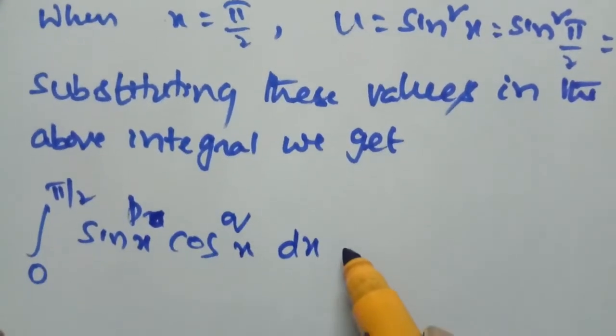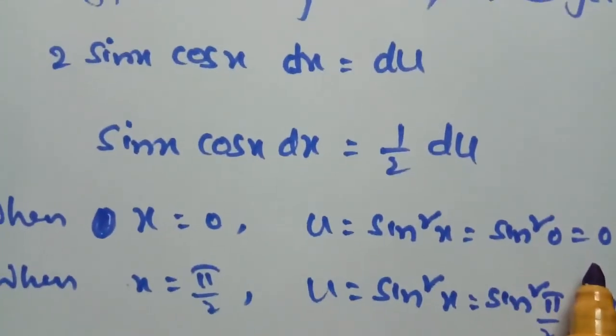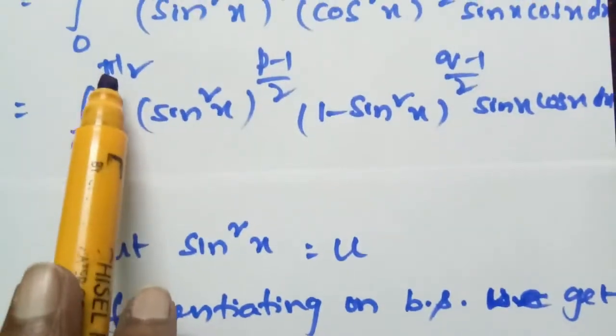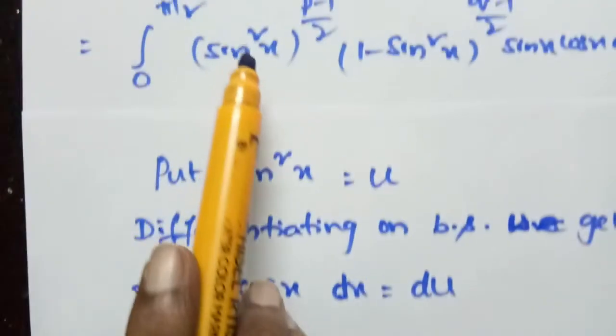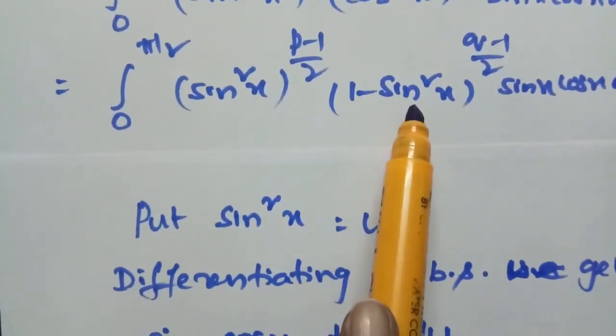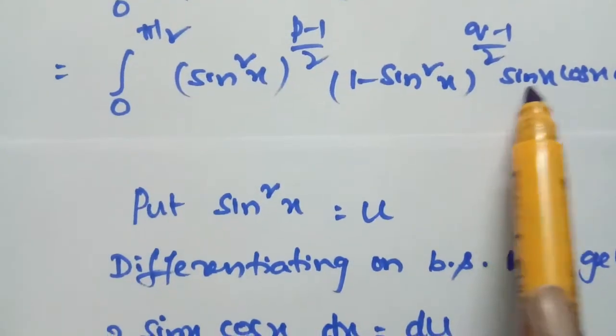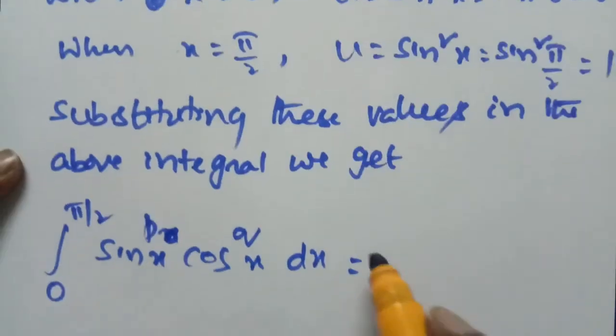This can be written as: 0 becomes 0 and pi by 2 becomes 1, and sin square x, we assumed as u, and (1 minus u) whole to the power of (p minus 1) by 2, whole to the power of (q minus 1) by 2, sin x cos x dx is equal to 1 by 2 du.